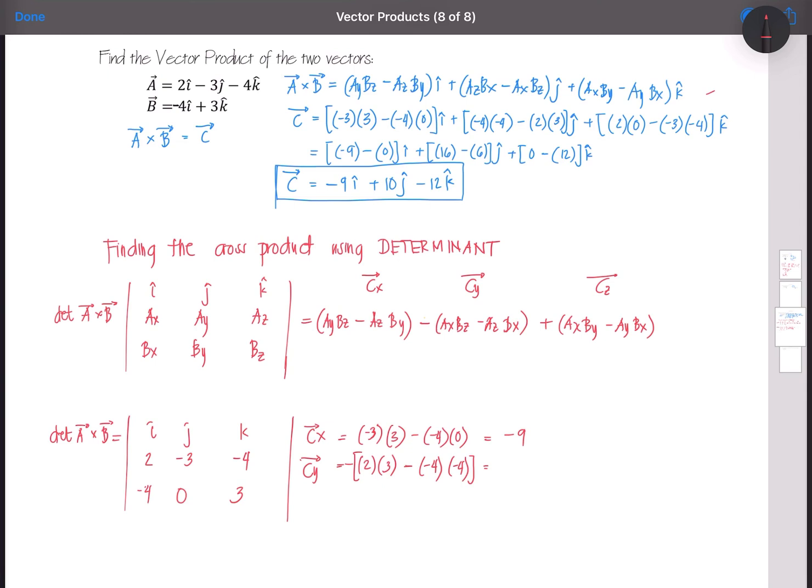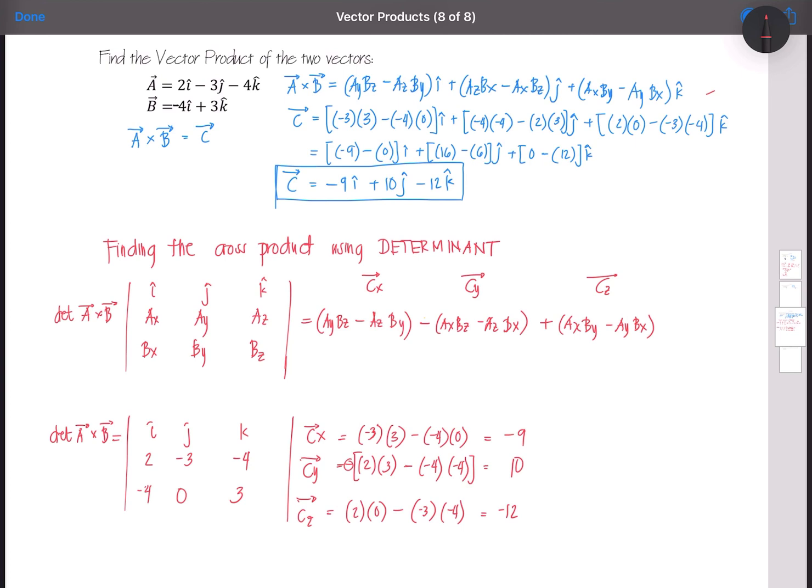Multiply by the negative outside, and that gives us 10. Lastly, CZ is equal to 2 times 0 minus negative 3 times negative 4, which gives us negative 12.